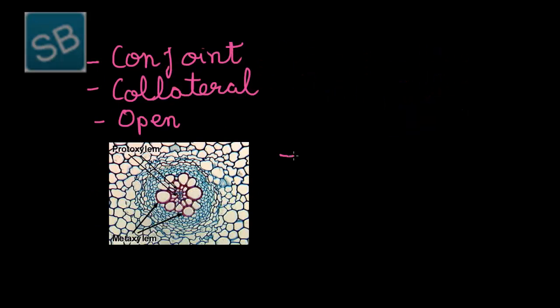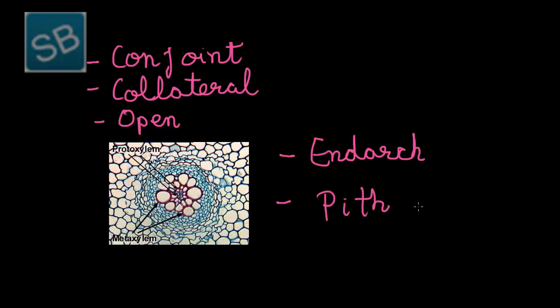Such a vascular bundle is endarch in nature in dicot stem, meaning that the protoxylem lies towards the inner side of the medulla while metaxylem lies towards the outer region. Then a large number of parenchymatous cells with intercellular spaces present occupy the central position known as pith.